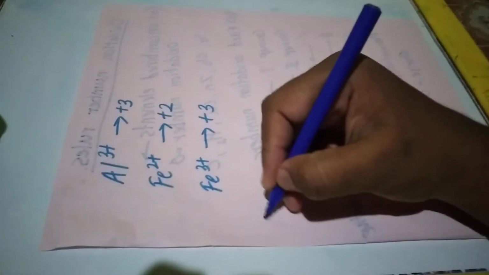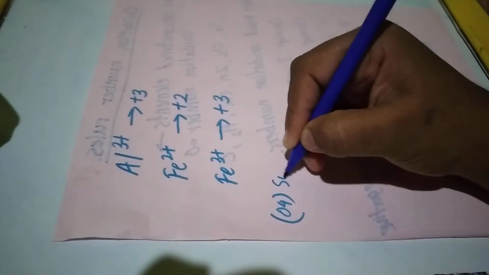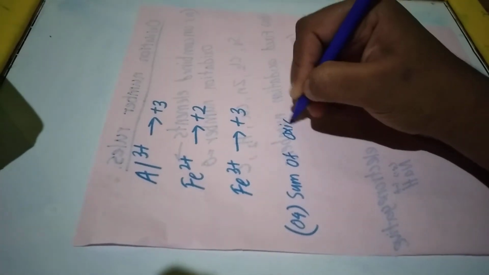Then the fourth rule is that the sum of oxidation numbers in a compound is 0.